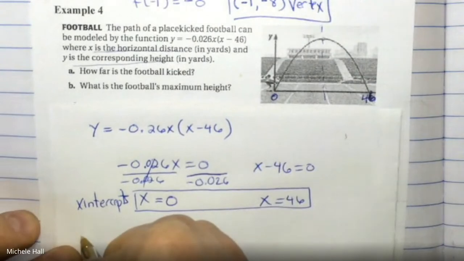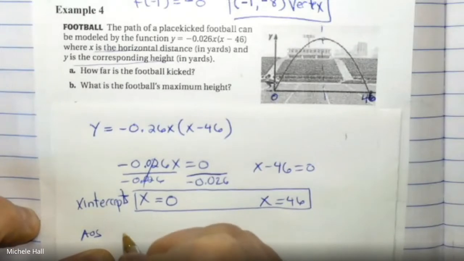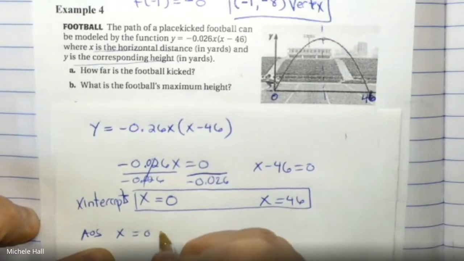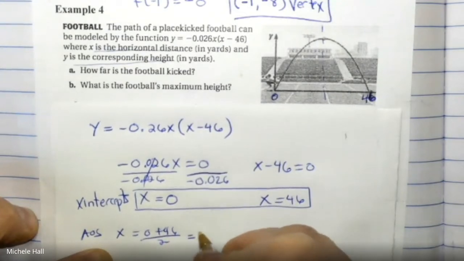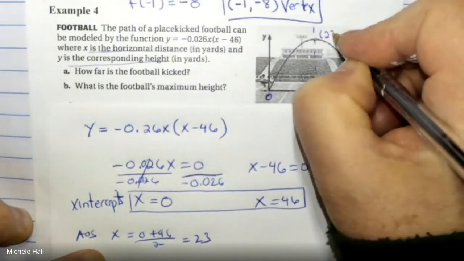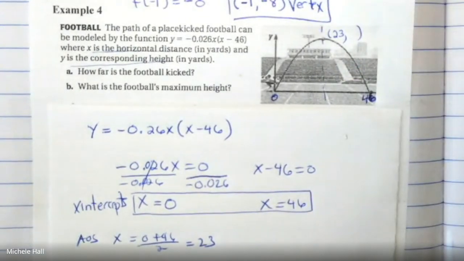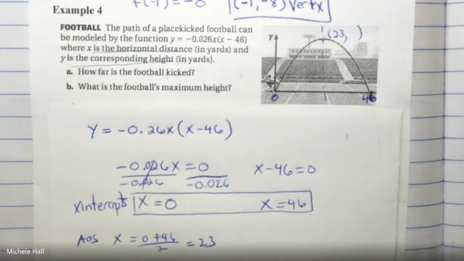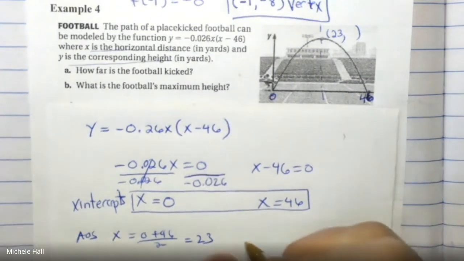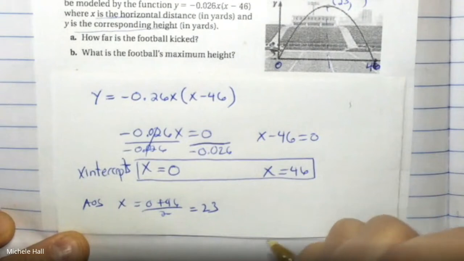So our AOS would be to add up 0 and 46 and divide by 2. Our AOS is at 23. So I know the x value here is at 23 for my vertex. All I need to do is find the y value. We will do f of 23.